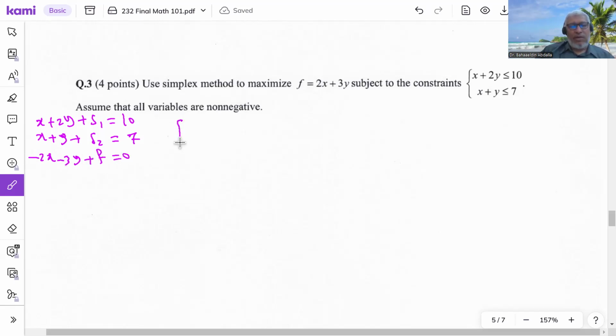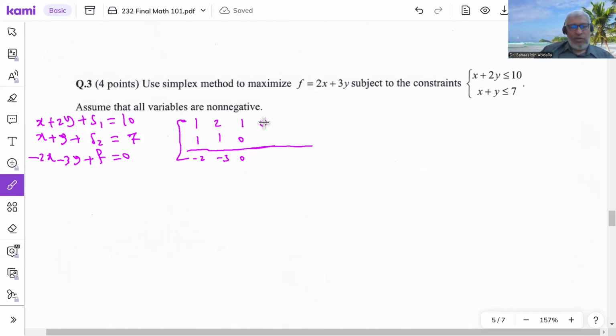And now I can write the initial simplex matrix. So the coefficients of x, 1, 1, the coefficients of y, the coefficients of S1, because there is no S1 in the second and third equations.